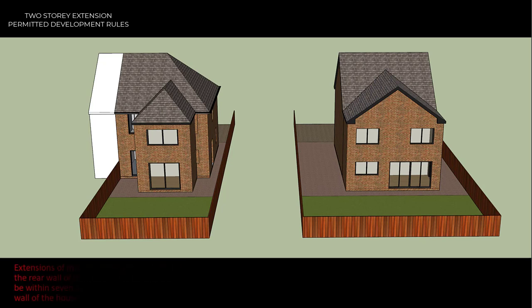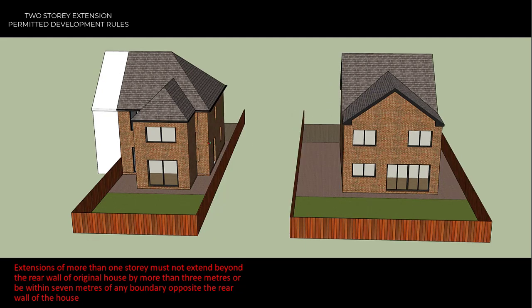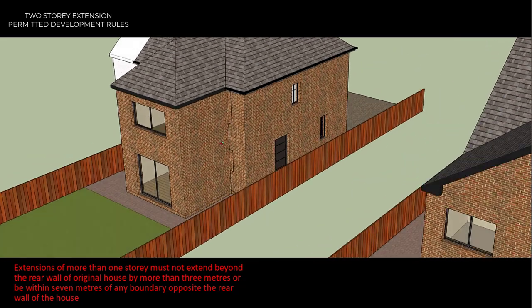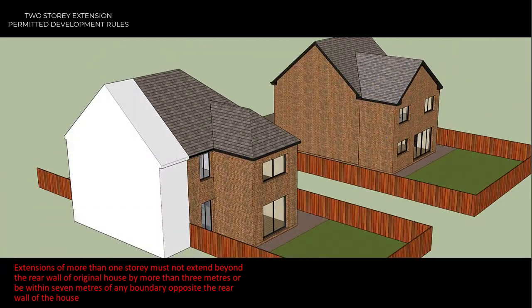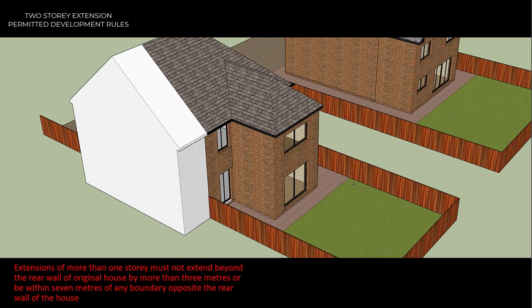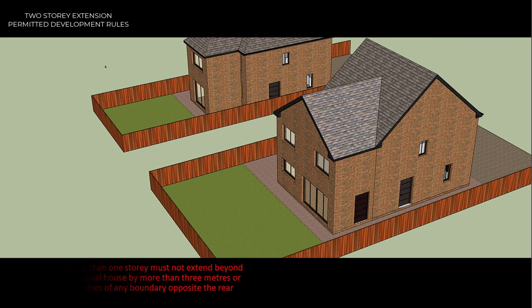The extension of more than one storey must not extend beyond the rear wall of the original house by more than 3 meters, or be within 7 meters of the boundary opposite the rear wall of the house. So the extension here is actually a 3 meter projection, and the distance off the boundary is approximately 8 meters on this example for both houses.